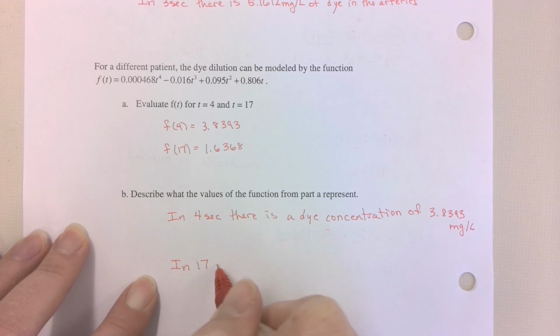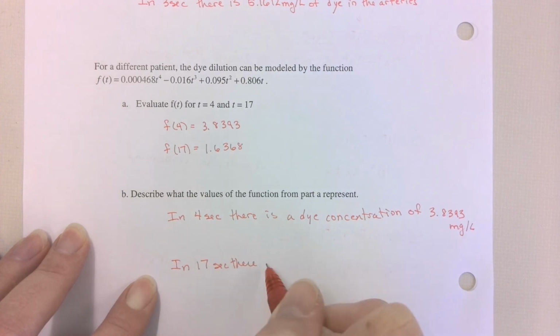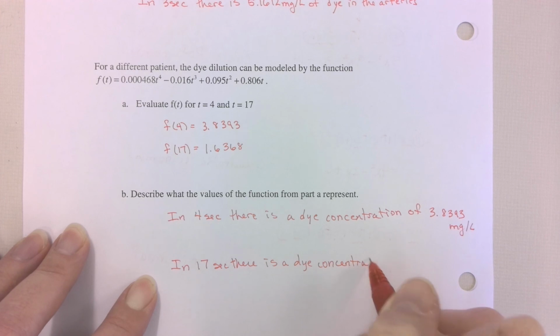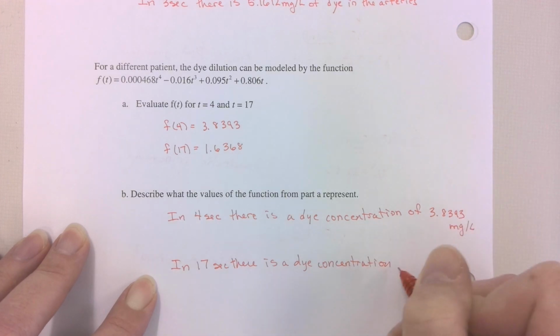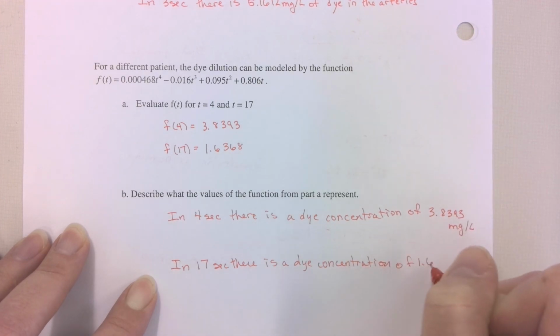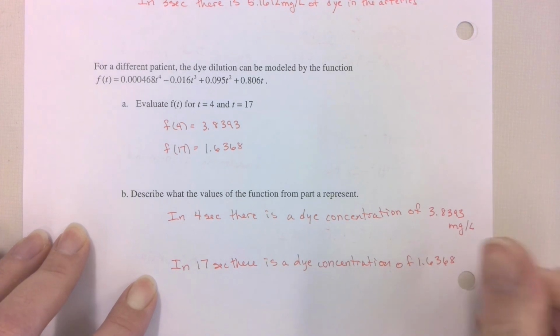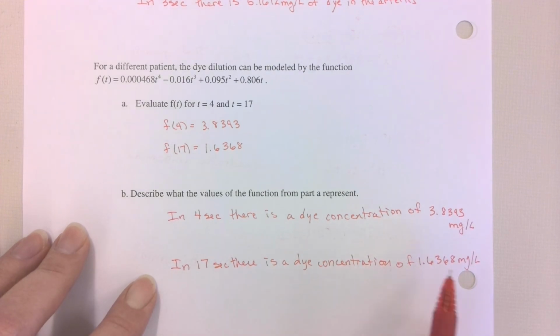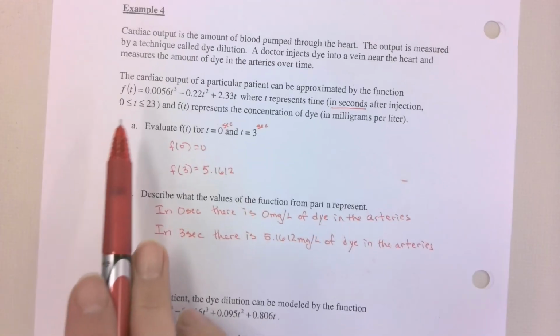In 17 seconds, there is a dye concentration of 1.6368 milligrams per liter. And so we can see as time goes on, the dilution is decreasing, and that is again why this test would be over after so many seconds.